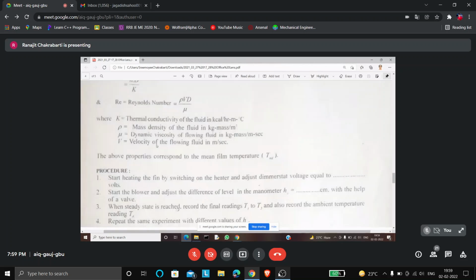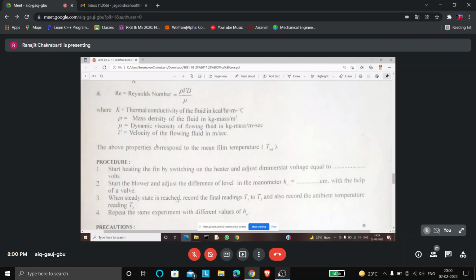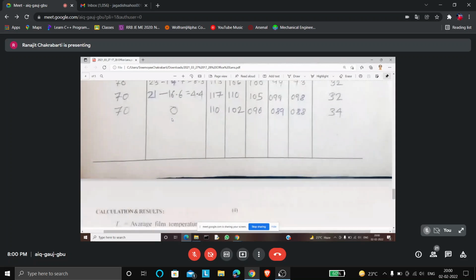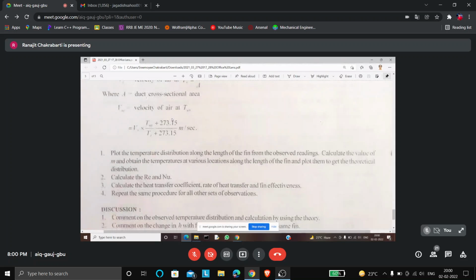Now your job will be, this is the procedure, to plot the temperature distribution along the length of the fin from the observed readings. So length of the fin along x direction, T along y direction, you find out the plot. Calculate the value of m.